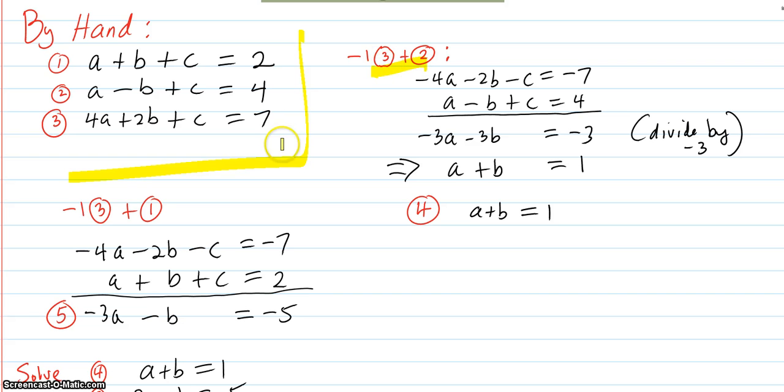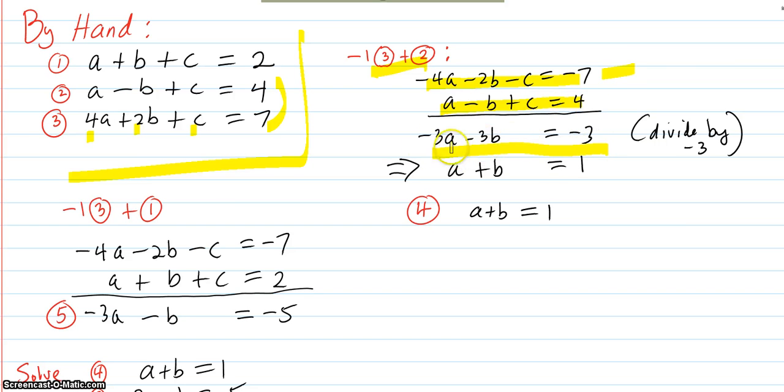Negative 1 times 3 plus 2. That takes you to that. And so here's negative 1 times 3. See, negative 1 throughout there. Gives you negative 1 times the third equation. And plus the number 2 is here. You add it down.